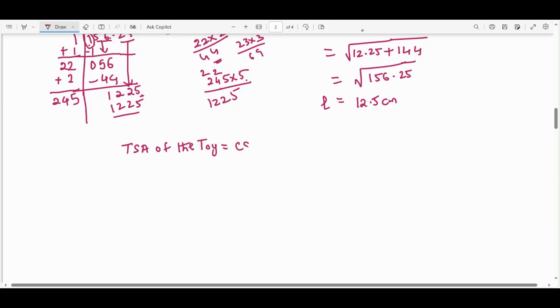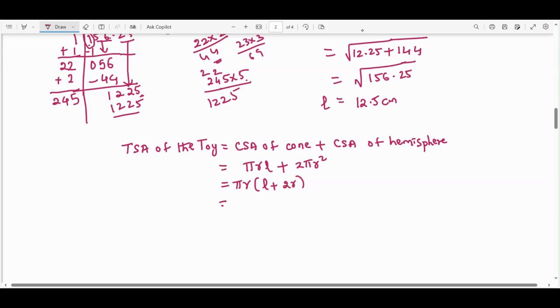It will be the curved surface area of the cone plus the curved surface area of the hemisphere, because the figure has two different shapes, that is cone and hemisphere. The curved surface area of a cone formula is pi r l, and the curved surface area of a hemisphere is 2 pi r square. So what is common in both? We'll take pi r common. So it will be pi r times L plus 2r.